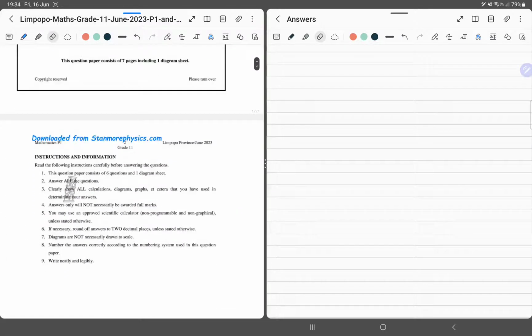It's a 2-hour paper. So what is important here is instructions. So obviously we know that if we're doing any determinations, we can do calculations, we can use diagrams, graphs, etc. That means anything that is acceptable in maths. Okay, you need to show whatever you have used.